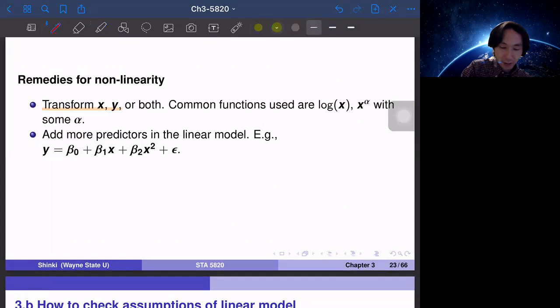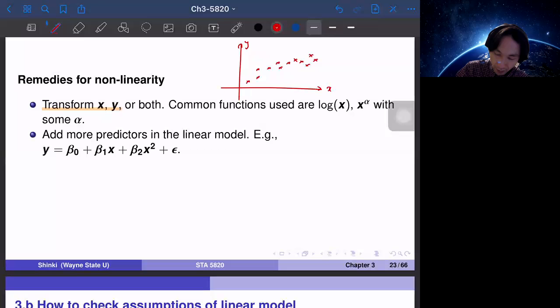Often the case is that we have X here and Y here, and the plot is like this. Even without fitting a regression model, you see an obvious need to transform the variable. In this case, the tendency is like this.